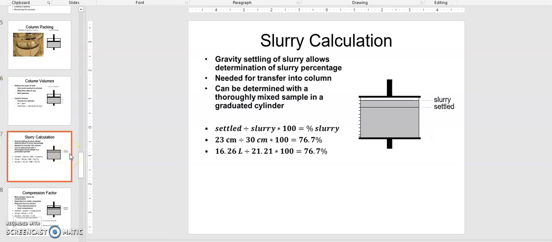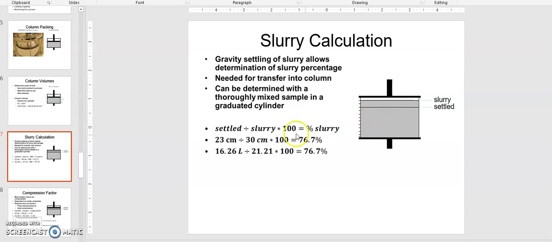And slurry calculation: how much slurry can go into the column volume. So you need to figure it out. Okay, so you slowly introduce your resin slurry, using maybe manual introduction, or use a pump. Slowly, continuously, you need to introduce that, and then once it's all settled, there's a settled volume and a slurry volume.